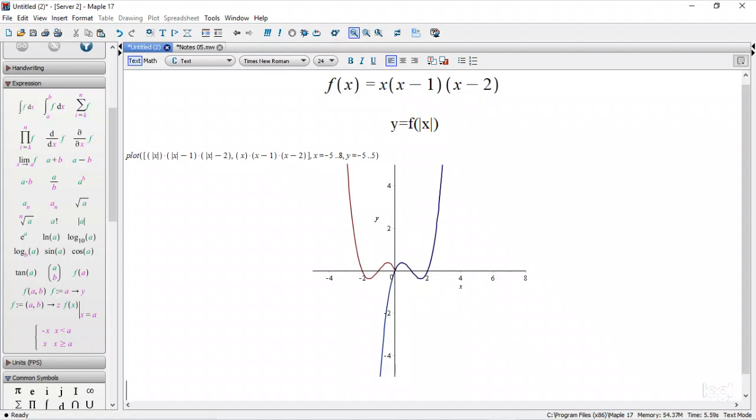The red part is the mod graph, so it is a mirror red part, and you can see marginally a W shape, so that shape is the graph for f(|x|).